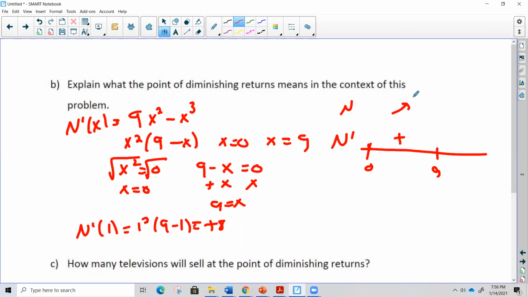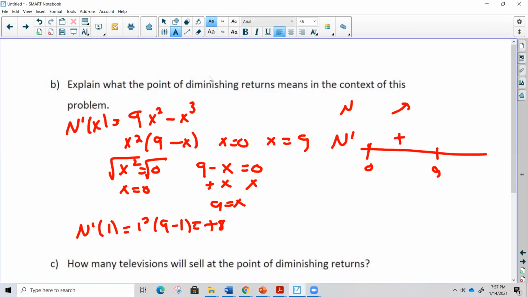So you should check and make sure that your function is actually increasing. When I'm finding the point of diminishing return, it should be, because the whole point is that my function is increasing, and then we're trying to figure out when the rate of increase starts slowing down.